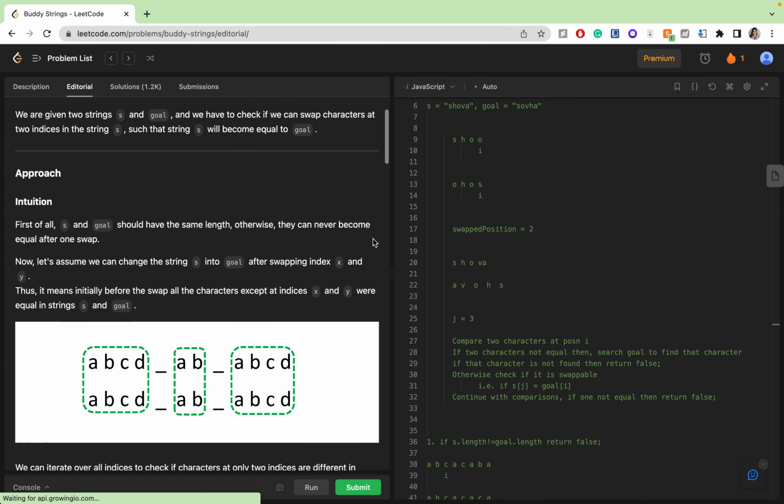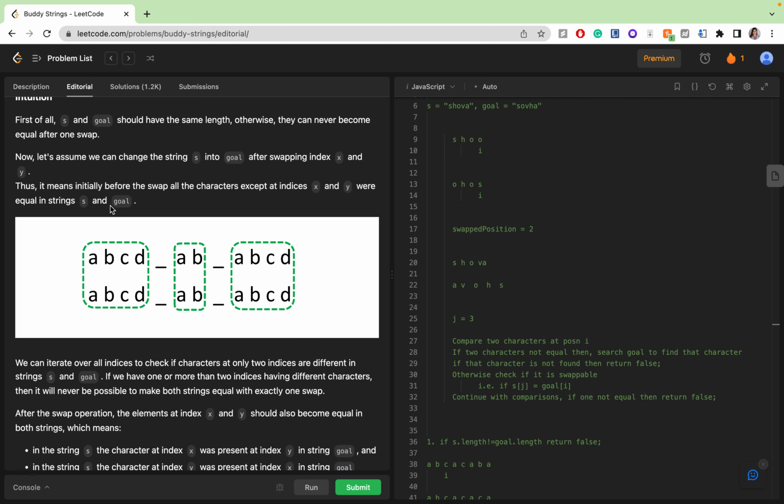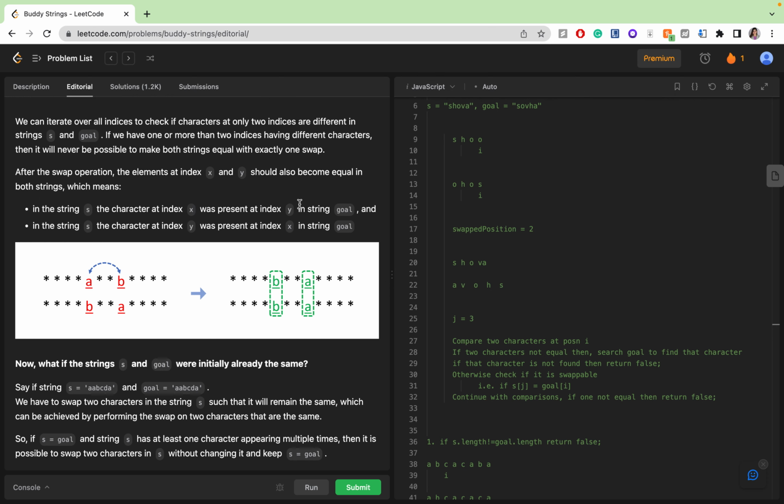First of all, S and goal should have the same length. Initially before swap, all characters except indices x and y were equal in strings. While updating characters, we can iterate over all indices to check if characters at only two indices are different in strings S and goal.